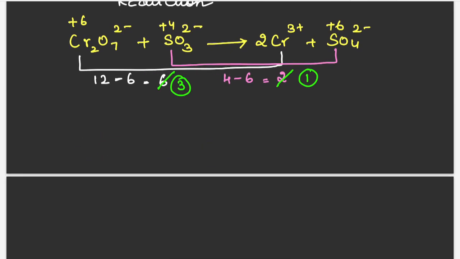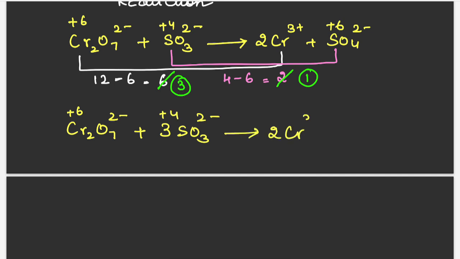Multiply chromium by 1. So you will be getting the same Cr2O7 2 minus, plus sulfur you have to multiply with 3. So 3 times SO3 2 minus plus 4, giving rise to 2 times Cr3 plus, 3 times SO4 2 minus plus 6. So this is what you will get.